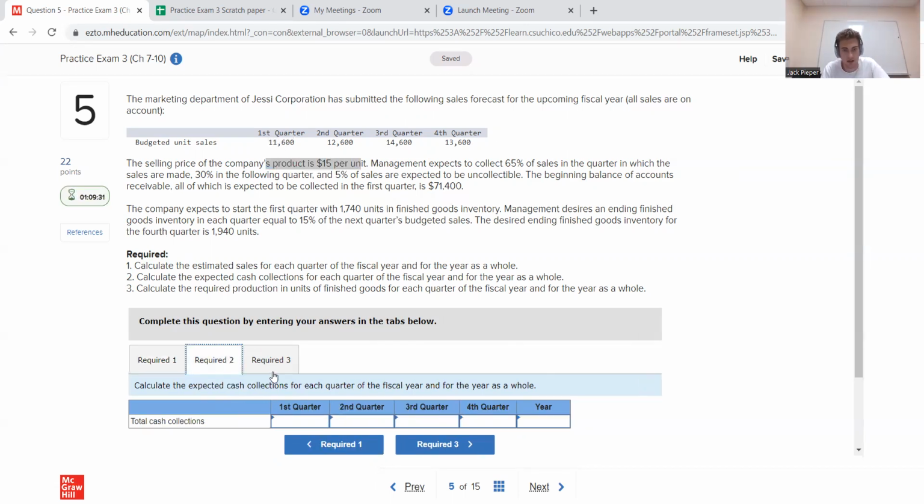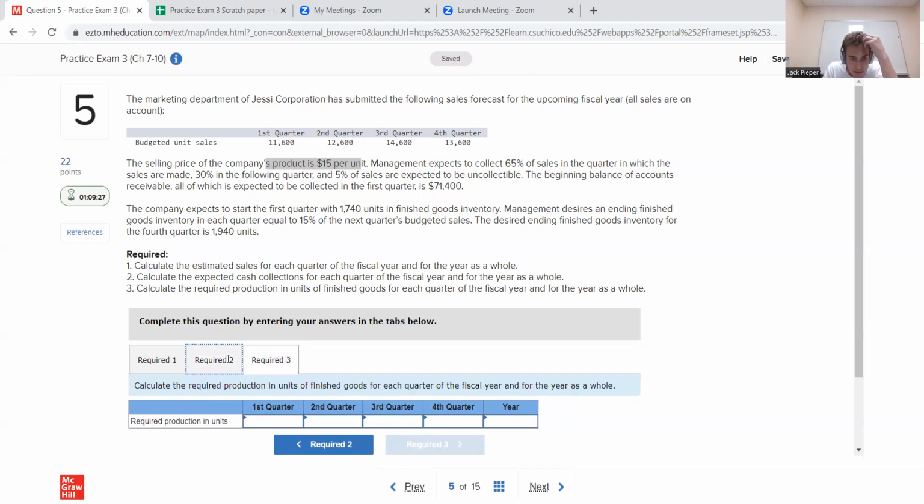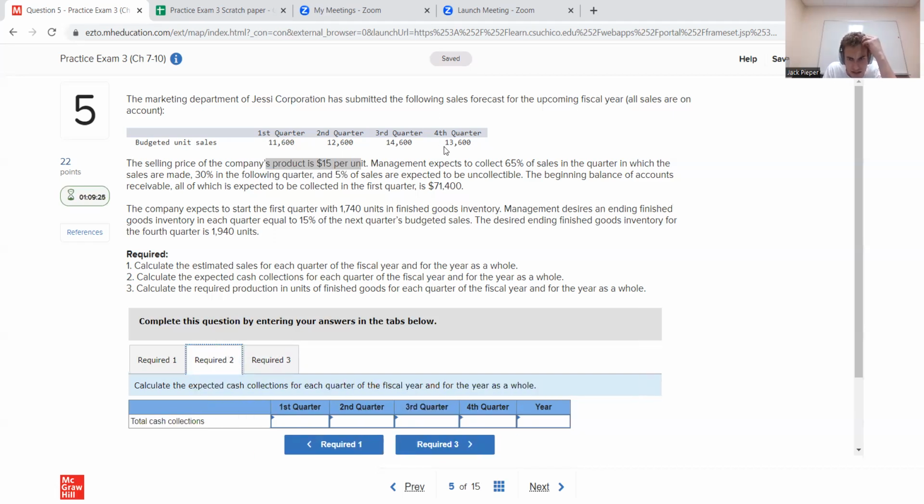Total cash collections. Management expects to collect 65% of the sales in the quarter in which the sales are made, 30% the following quarter, and 5% uncollectible. The beginning accounts receivable balance, all expected to be collected in the first quarter, is 71,400.